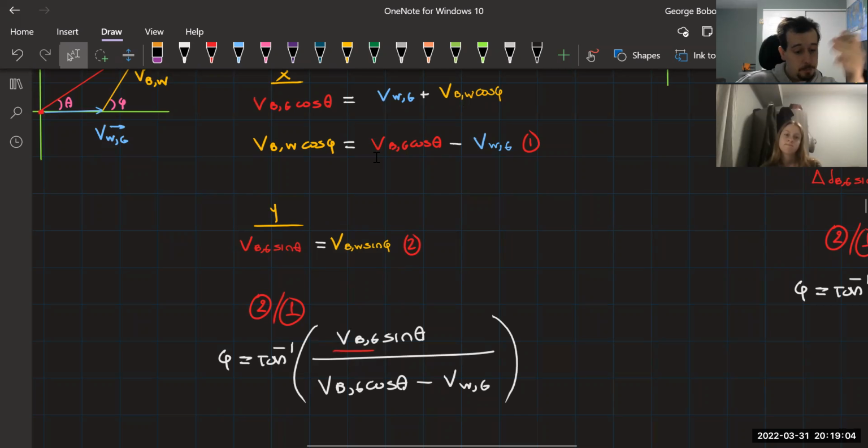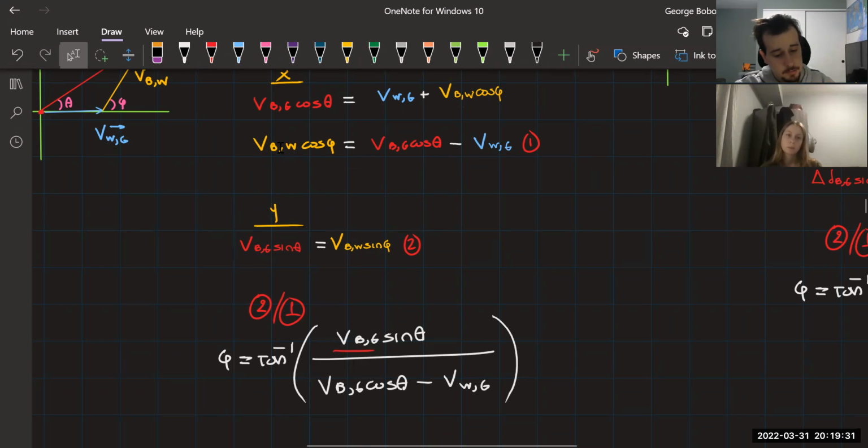Absolutely. But basically, what I could do here is isolate right here for VBG if I want to, in terms of these divided by sine theta. Or I could work on this one too and isolate for what cos theta is going to be if I want to.